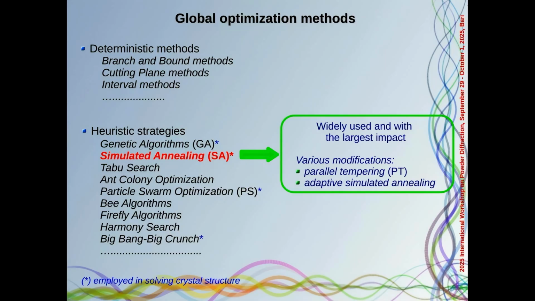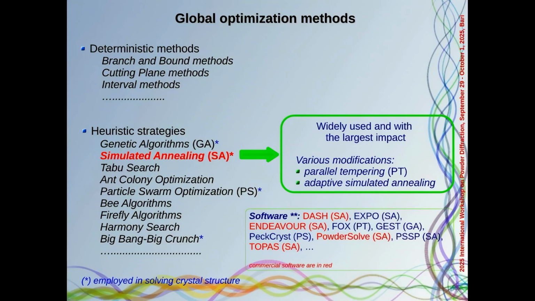Important modifications of this algorithm are parallel tempering and, in particular, adaptive simulated annealing. In general, the simulated annealing algorithms used in crystallography are adaptive. Adaptive means that some parameters are not constant but are dynamically modified during the progress of the search.